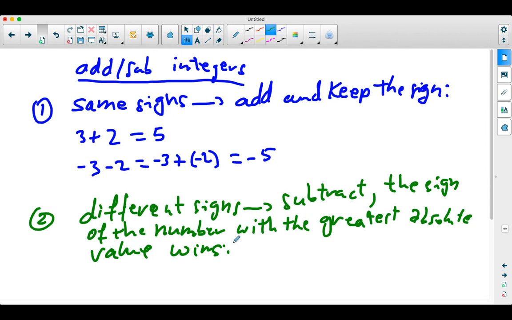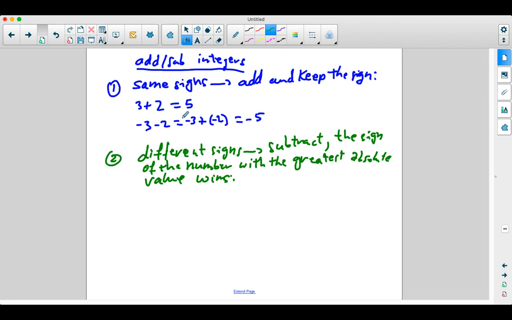Okay? What does that mean? It means that if I'm doing 5 minus 2, okay? First, I know the 5 is positive. Because the 2 is followed by a minus, I can consider the 2 as negative. Remember?